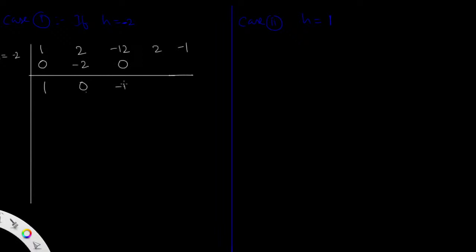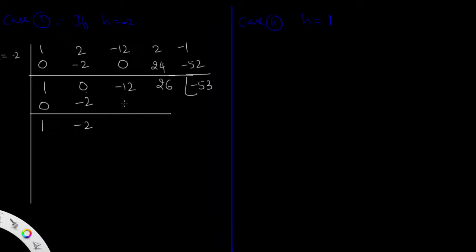Then minus 12 plus 0, and multiply by minus 2 gives 24. Adding, you get minus 53. Again write with 0 starting, then 1, multiply minus 2 into minus 2 is 4, then minus 8, then minus 8 into minus 2 is 16, which becomes 42.